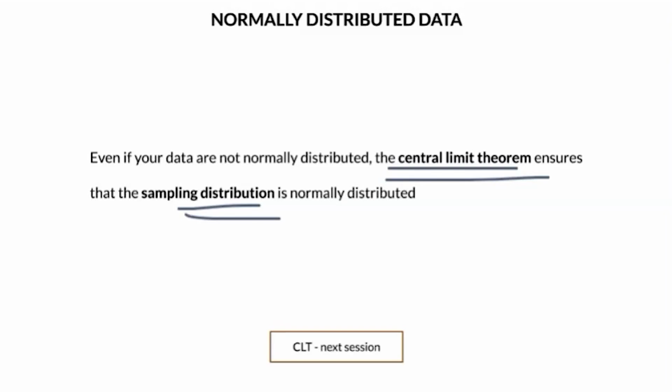Even if your data is not normal, you can work with it by making the sampling in such a way that it is normal. Okay, so more on the central limit theorem in the next session. Suffice to say that this normal distribution is almost everywhere when you deal with real variables.